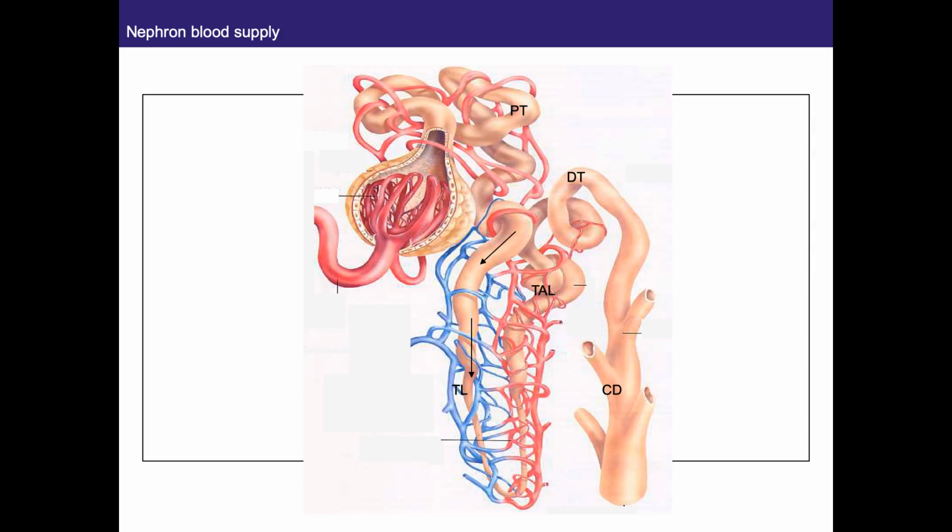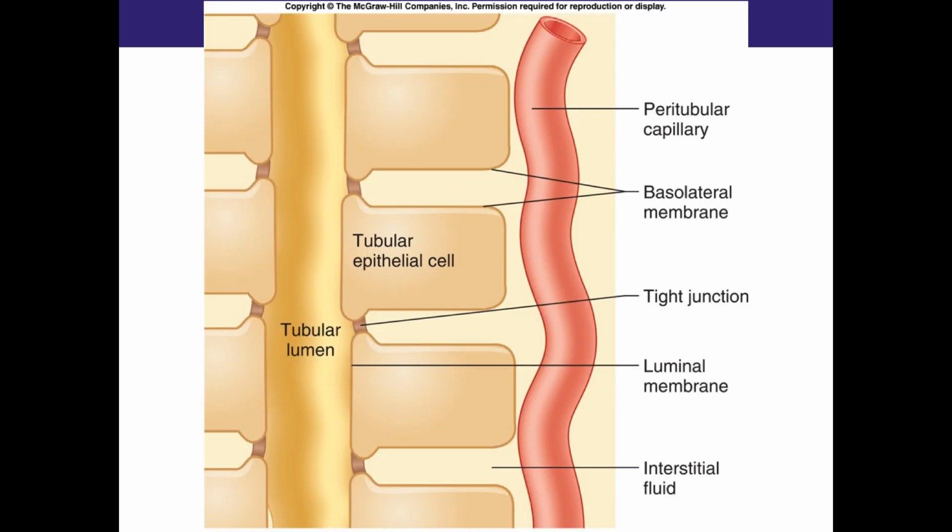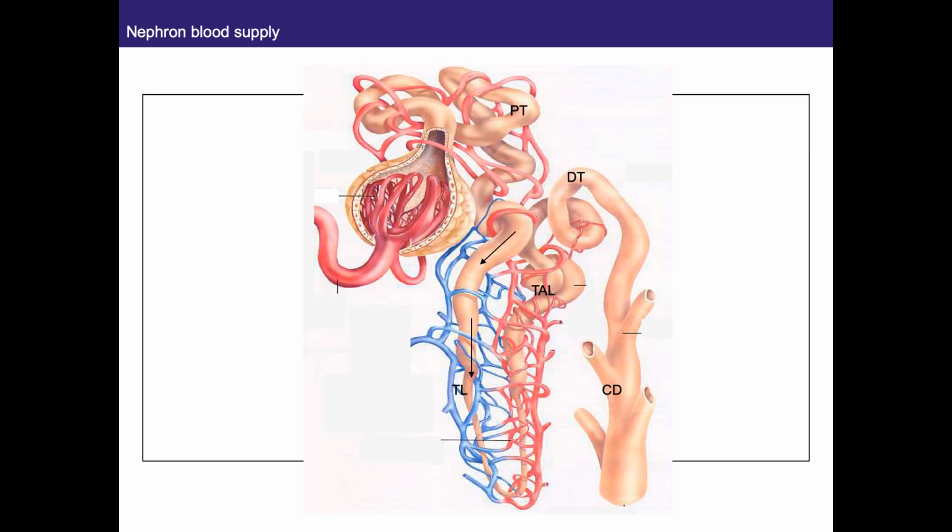Here's that figure, right? The vasa recta. We talked about this before. The vasa recta isn't organized quite like that U shape. It does surround the loop of Henle of the juxtamedullary nephron.